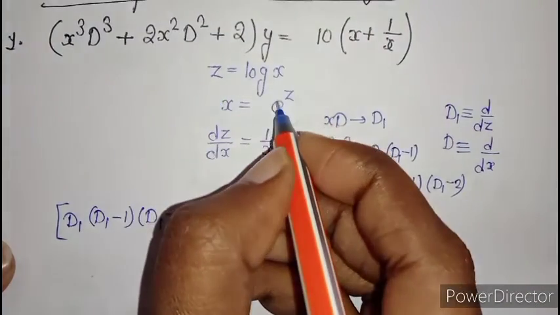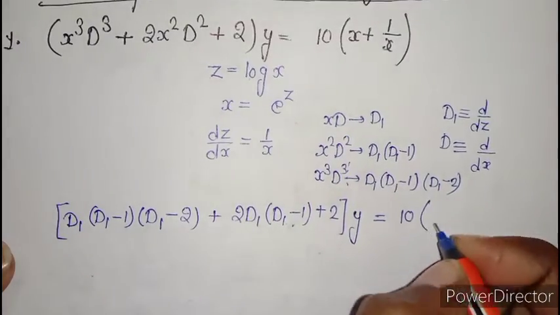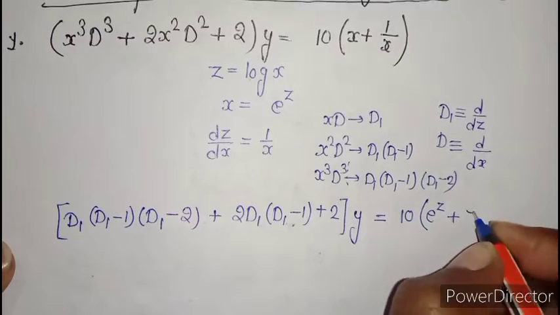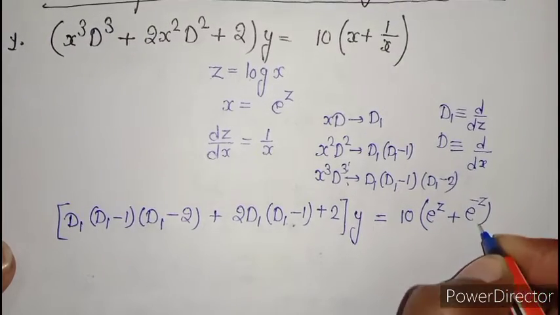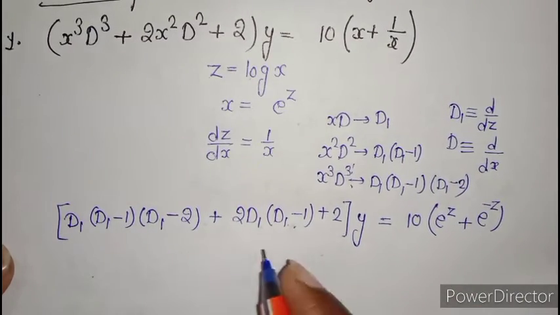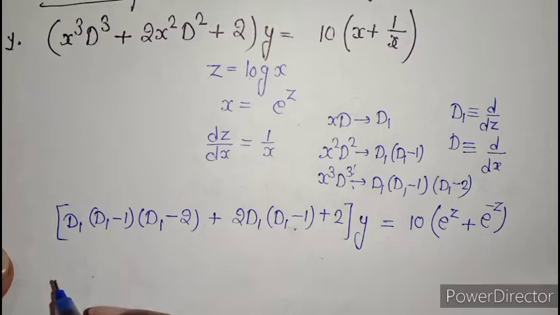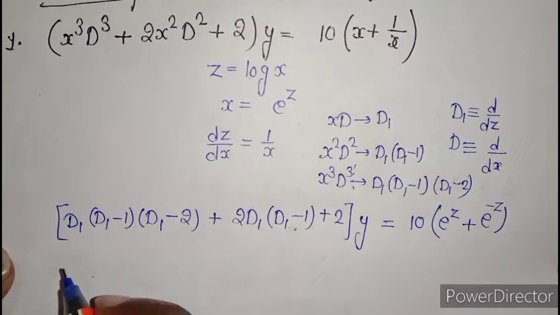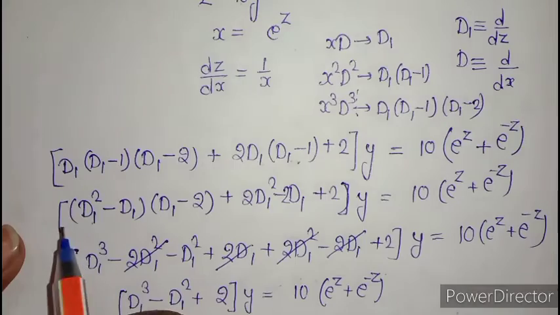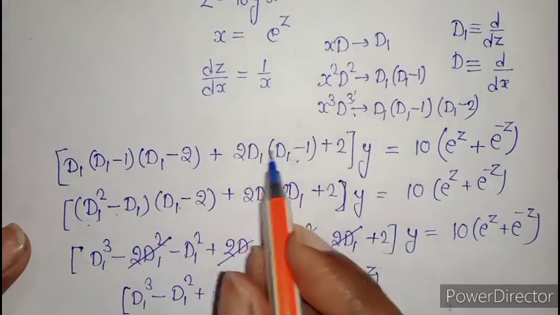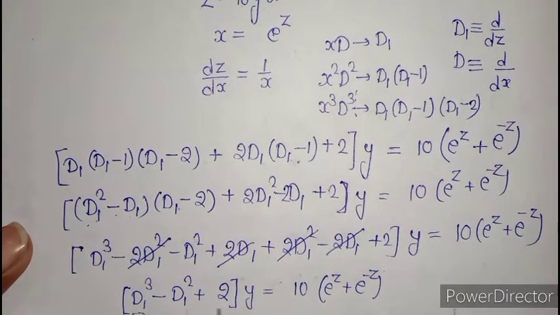X is e raised to power z, and this is 1 by x, so we can write it as e raised to power minus z. So this is our differential equation which got reduced into the linear differential equation with constant coefficients. After simplifying this, multiplying it together, we get an equation of this form.